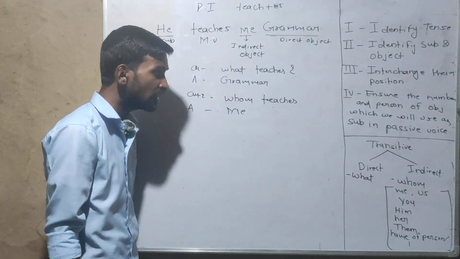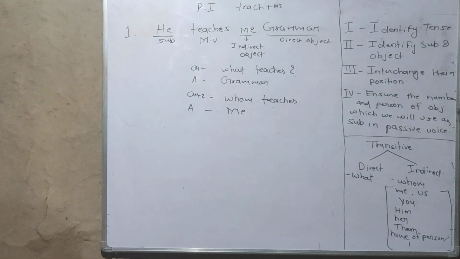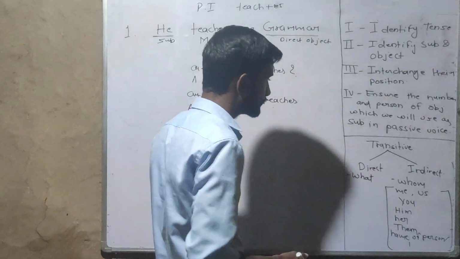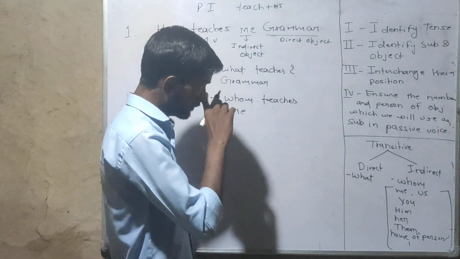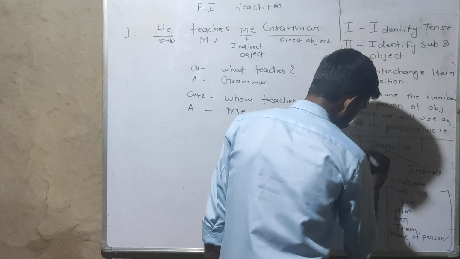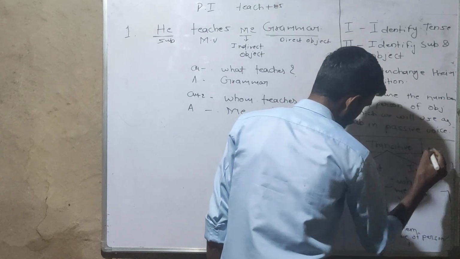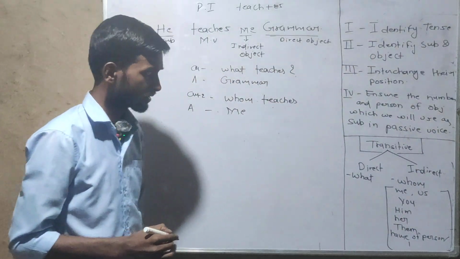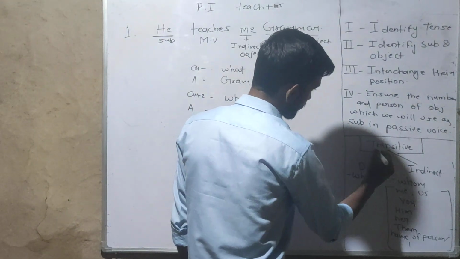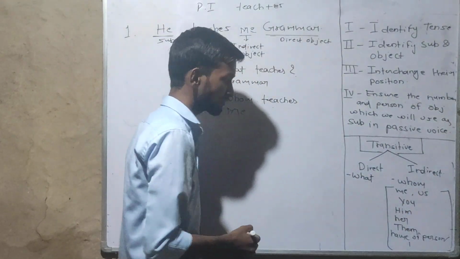In general a transitive verb takes an object, but there are some verbs which take two objects. The first object is direct and the second object is indirect.